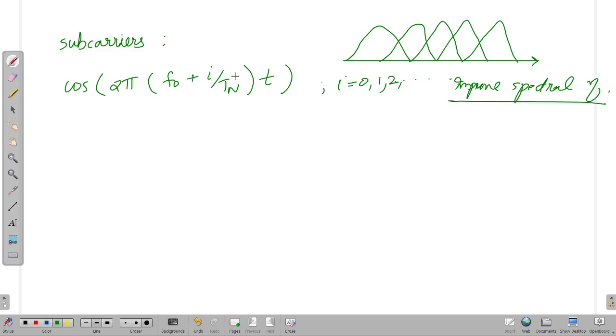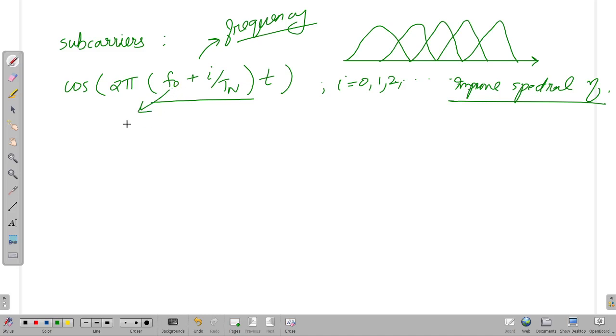I takes integer values, and you can see this is nothing but the frequency of the subcarrier. We have seen similar expressions before for the multi-carrier technique. And what is f naught? Please refer to my previous classes.